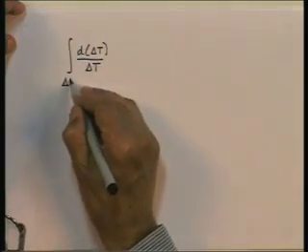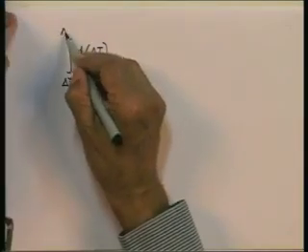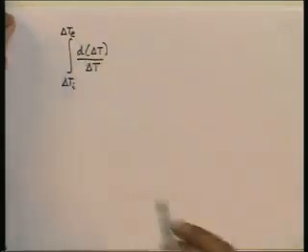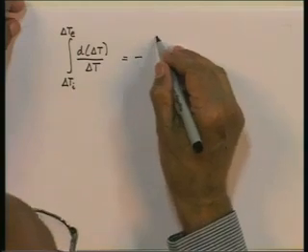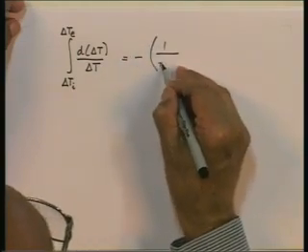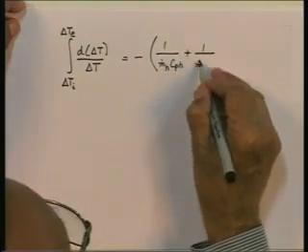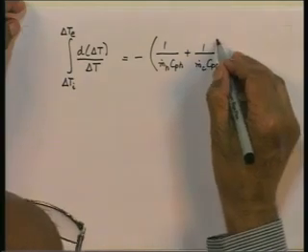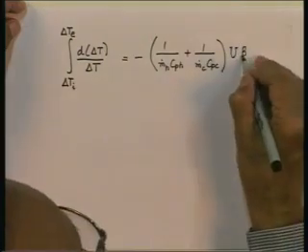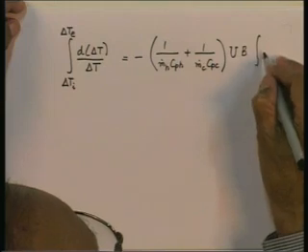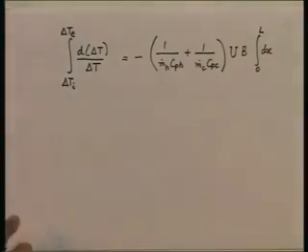At the inlet the value of delta T is delta T I, at the outlet it is delta T E. So, the expression integrated from inlet to outlet must be equal to minus 1 upon m dot h Cph plus 1 upon m dot c Cpc, which is a constant, so it comes outside the integral. U is a constant, so it comes outside the integral, B is a constant, comes outside the integral, only the dx remains inside. So, integral of dx from 0 to L, the whole length of the heat exchanger.